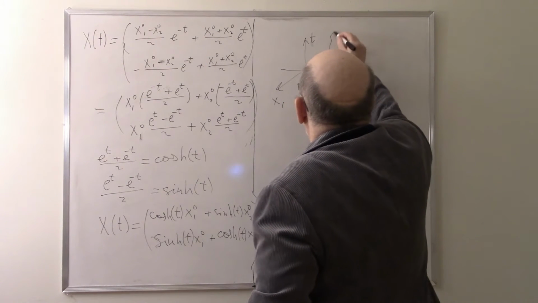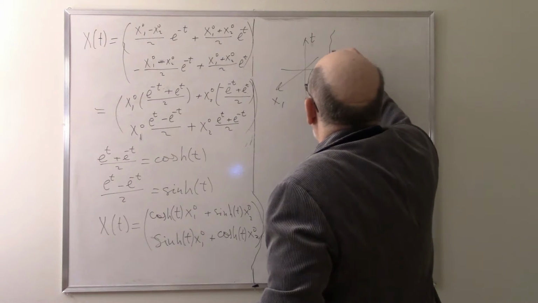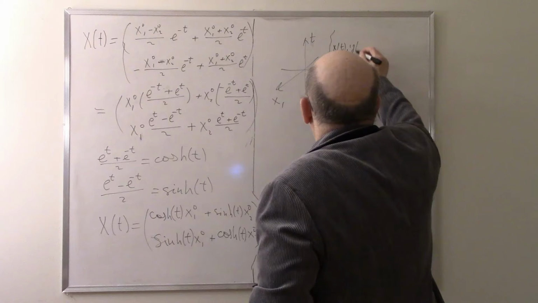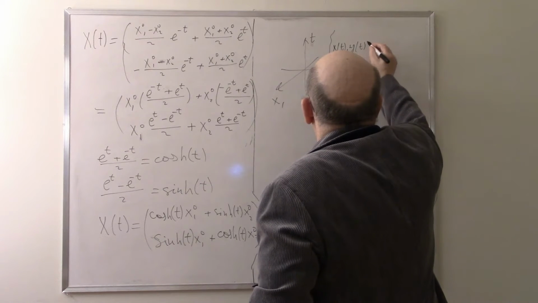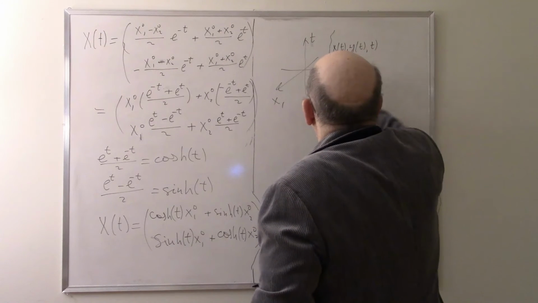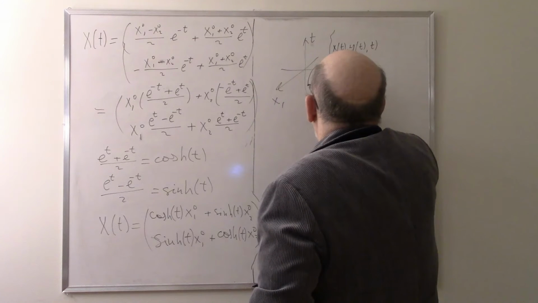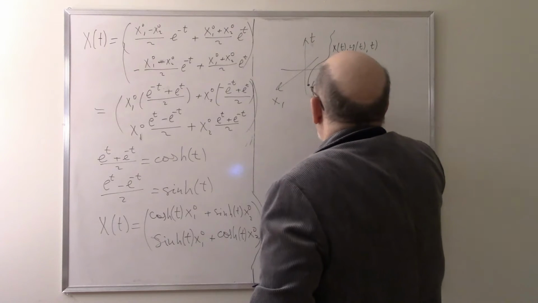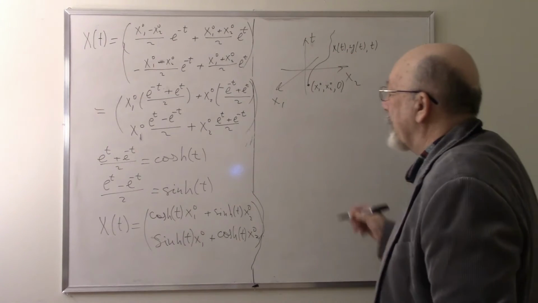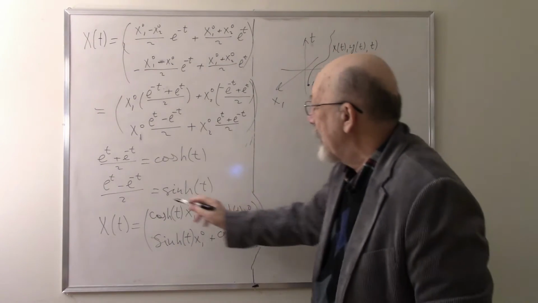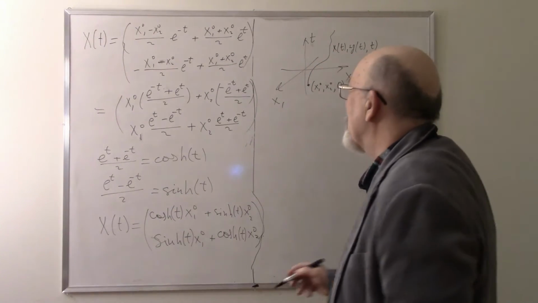Here we have the characteristic x of t, y of t, and t. This is the point x1 0, x2 0, 0. And then the solution is constant along this characteristic, which is defined by this solution.